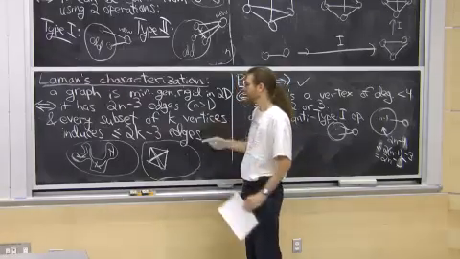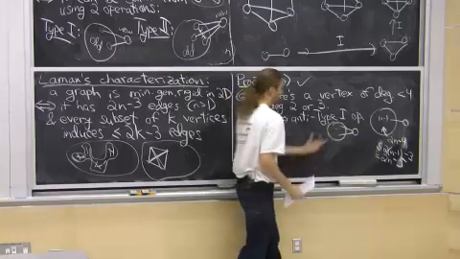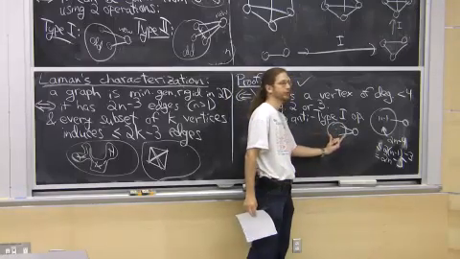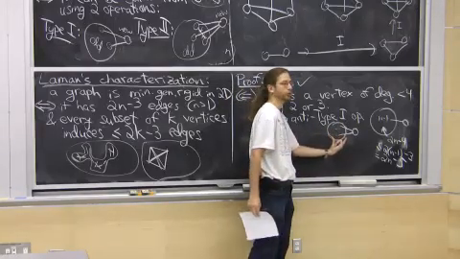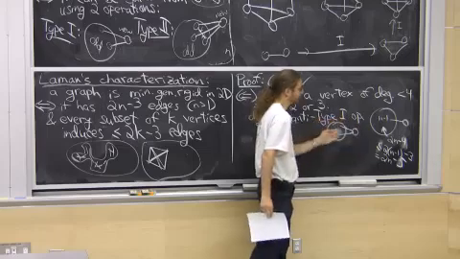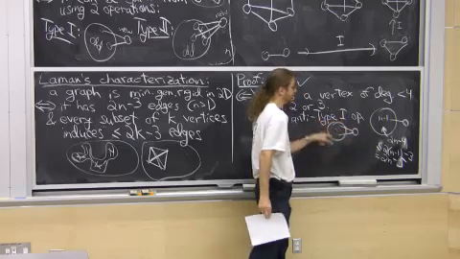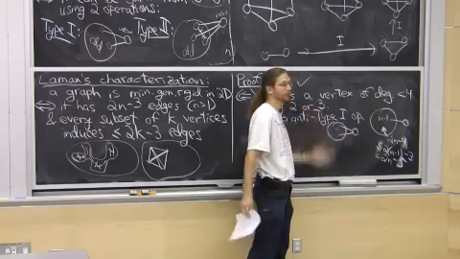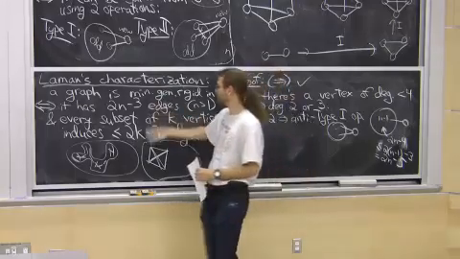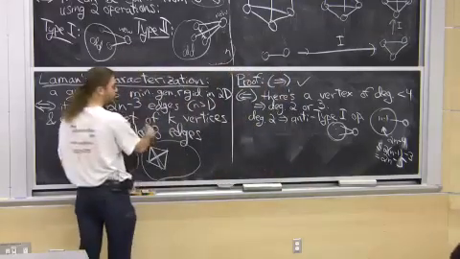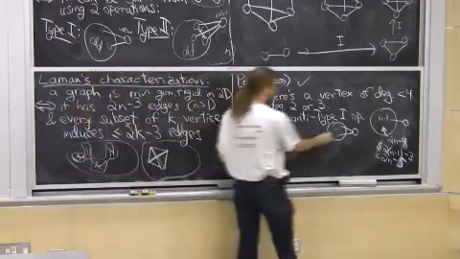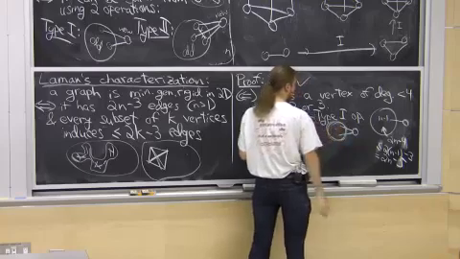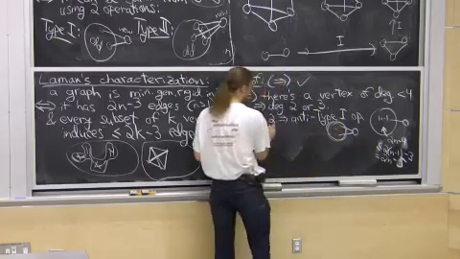And I need to check that every subset of the vertices over here has at most 2k minus 3 edges. That's still true, because before I had to consider all subsets containing this one or not. Now I'm just looking at subsets that don't contain it. So I still have the Laman conditions holding for this smaller graph. Therefore, I can induct.